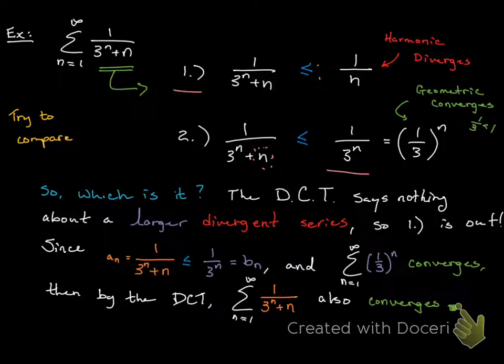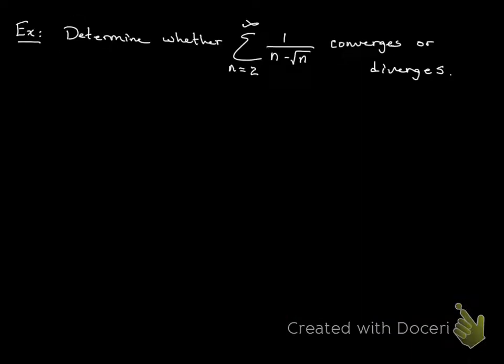Okay, let's do another example. Determine whether the series 1 over n minus the square root of n converges or diverges. This one I have to start at 2, because when n is 1, I have an undefined term. That won't happen. So I want to try to find something to compare to.